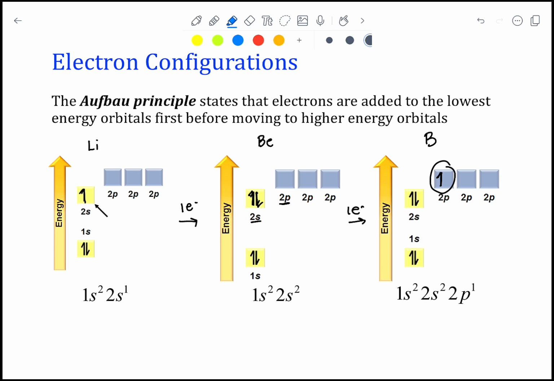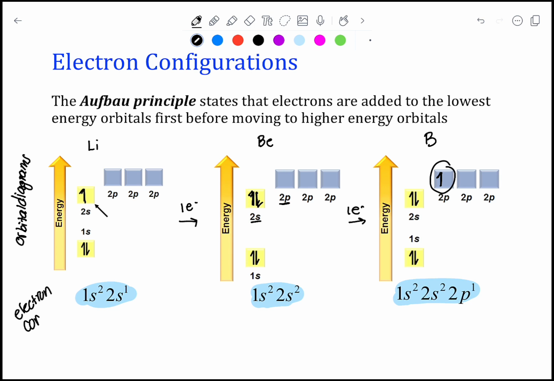Now to make a note about our electron configurations, which are down here on the bottom. We have our orbital diagrams on the top and our electron configurations on the bottom. We see that with each new electron, we're still keeping the previous orbitals in our electron configuration because our electron configuration has to show where all of the electrons are.